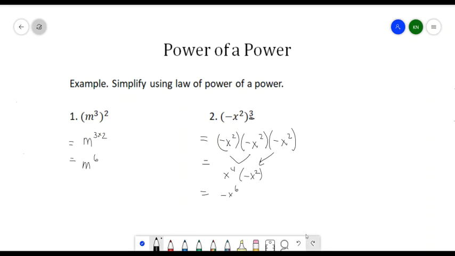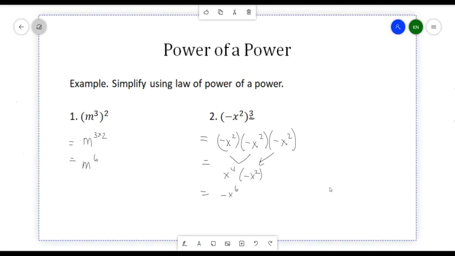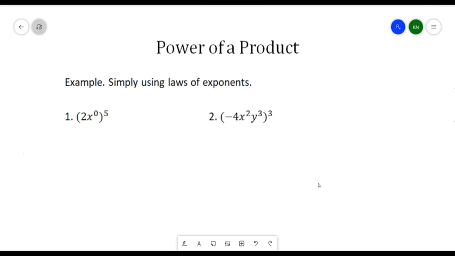Now we'll move on to another law of exponent, which is the power of a product. So we have here, simplify using laws of exponents. Now, for this one again, since it has two terms inside, this is equivalent to 2 raised to 5 and x raised to 0 times 5, correct?